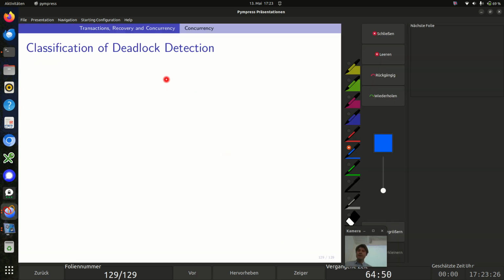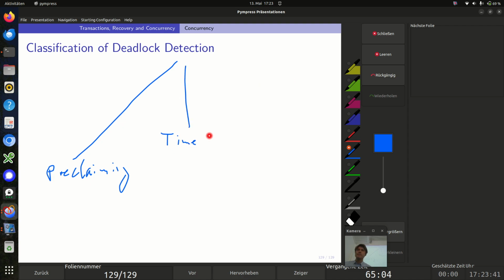We can classify it either into pre-claiming, using timestamps, which would be either wound-wait, so the bloody old ones, or wait-die, these are the slow old ones.